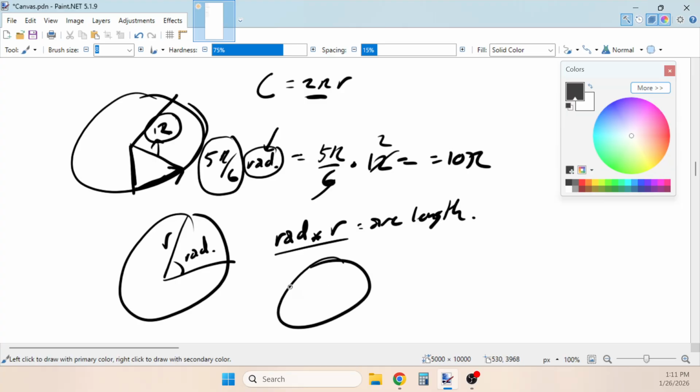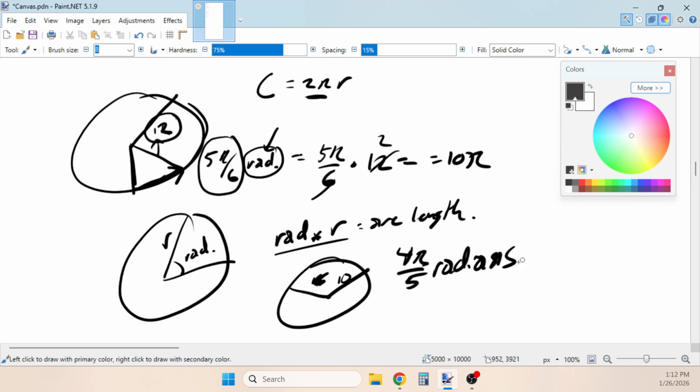How far is 4 pi over 5, 4 pi fifths radians, if the radius is 10?